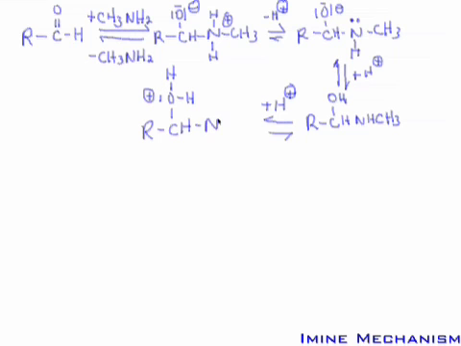And we have NHCH3. Lone pair here. If water leaves, so going back would be minus H+. Going back up here would be minus H+. And going backwards here would have been plus H+.